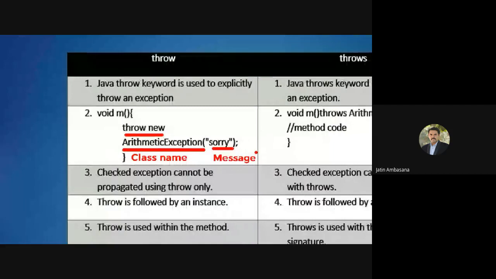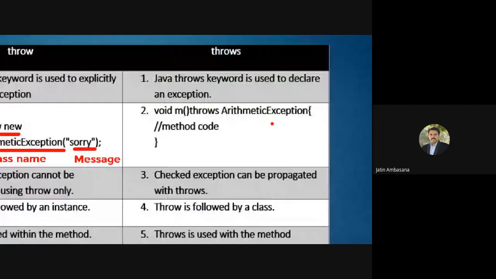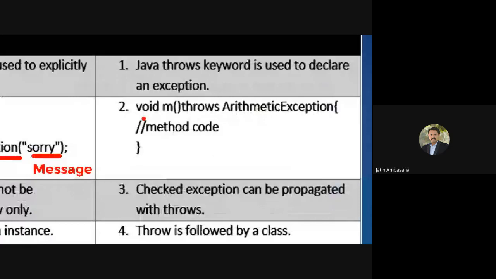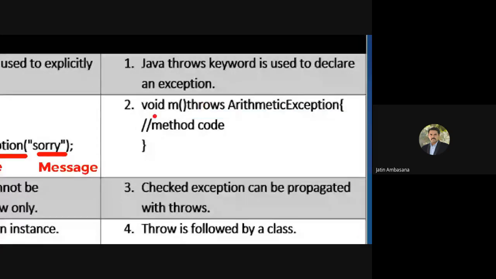And for the throws keyword, you say that this particular method m, which returns nothing, can throw an arithmetic exception. That this method m can throw an arithmetic exception.